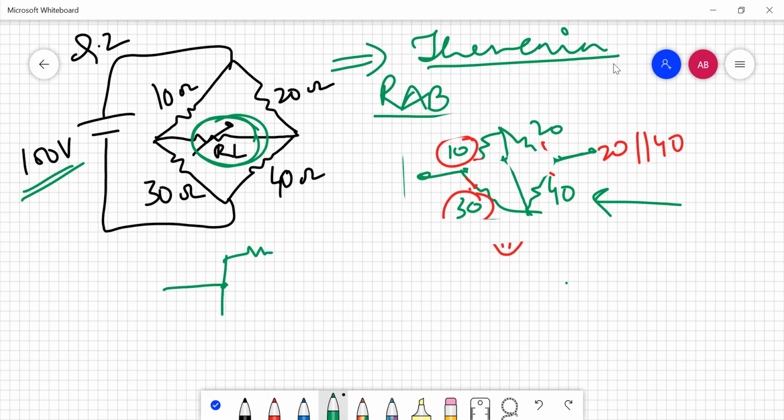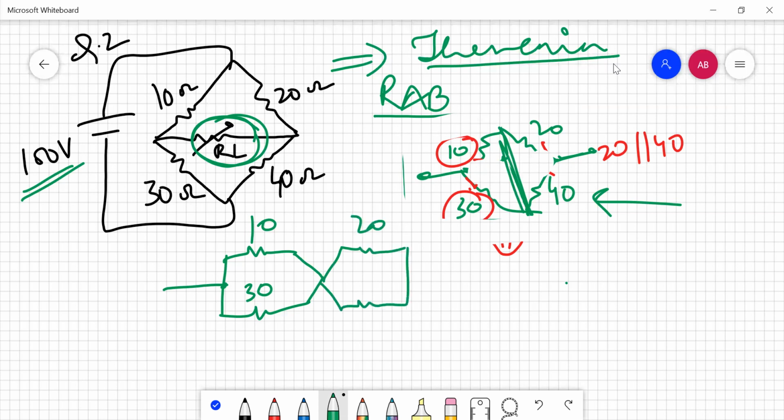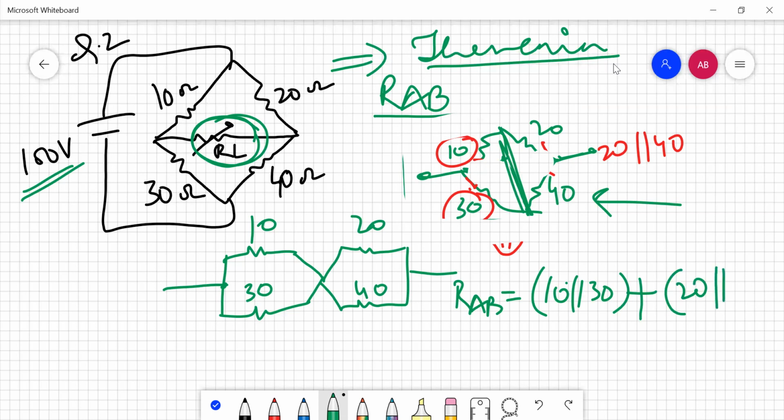Now we know that my 10 and 30 are in parallel. Then this point gets joined up, and then I have again the parallel combination of 20 and 40 ohms. So that gives me the RAB value as the parallel combination of 10 and 30 in series with the parallel combination of 20 and 40.